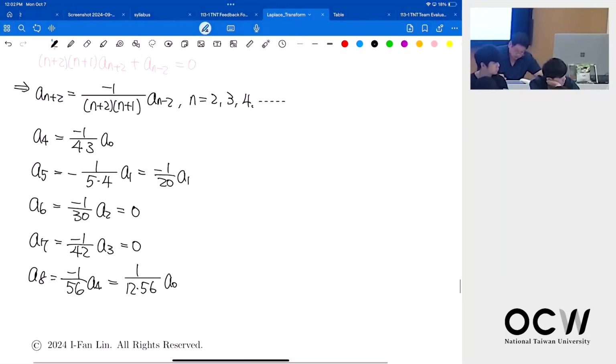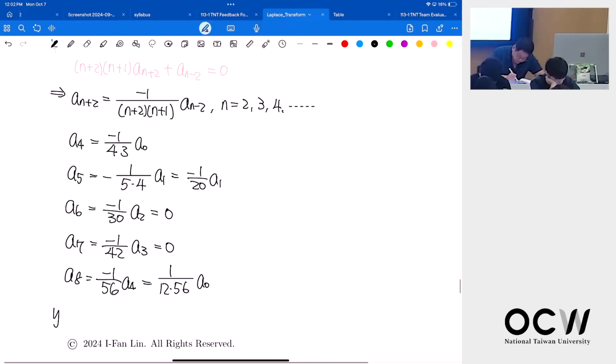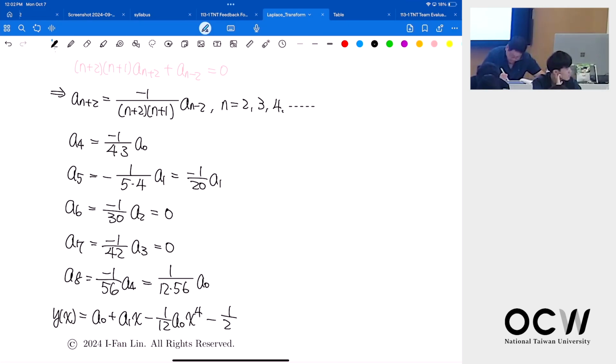So the final answer should be a naught plus a1 x minus 1 over 12 a naught x to the 4th minus 1 over 20 a1 times x to the 5 and so on.